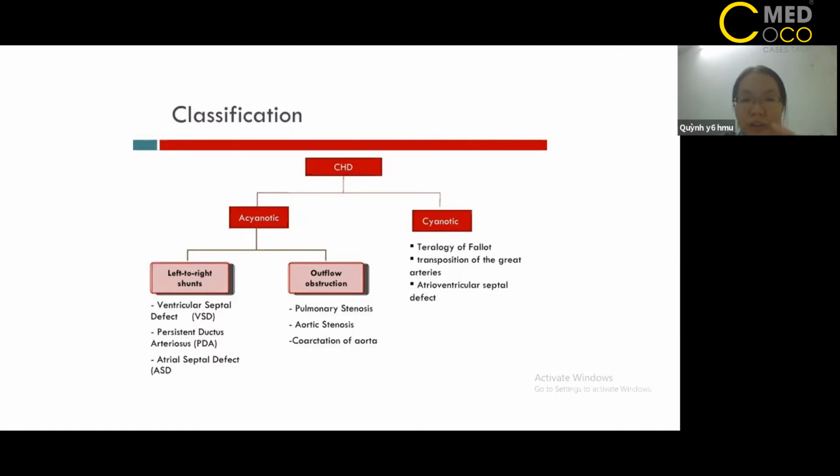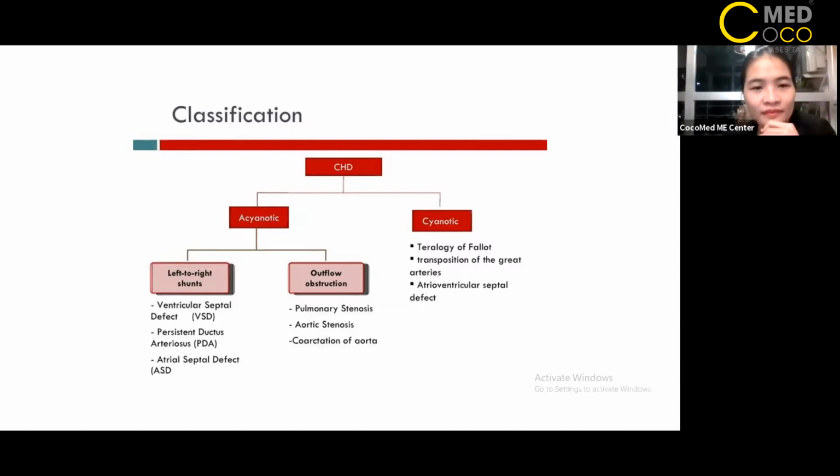If the blood flows from the right ventricle to the left ventricle, it means that deoxygenated blood will flow to the systemic circulation, so that the patient will have the symptom of cyanosis.